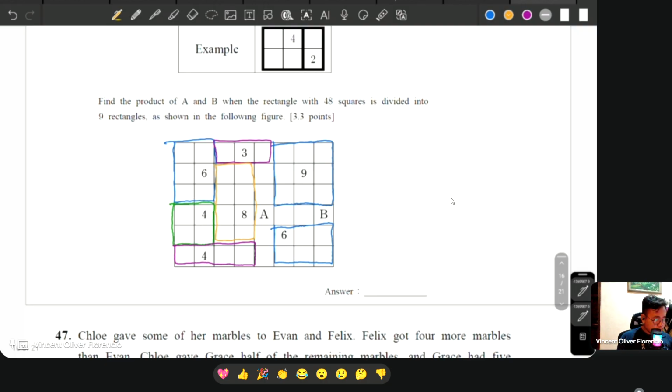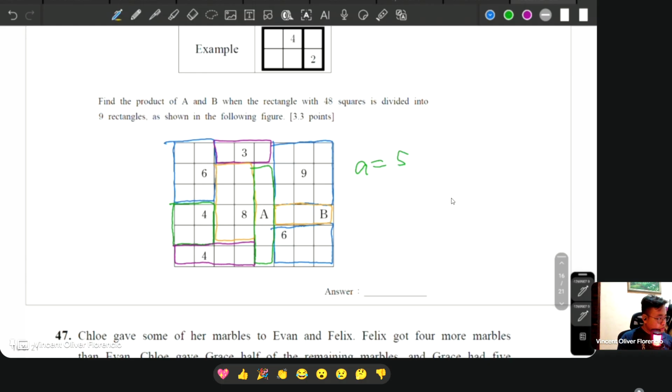Now, what we have here is this. Definitely, this is the B. And also, this is our A. So for A, how many boxes are there? 5.